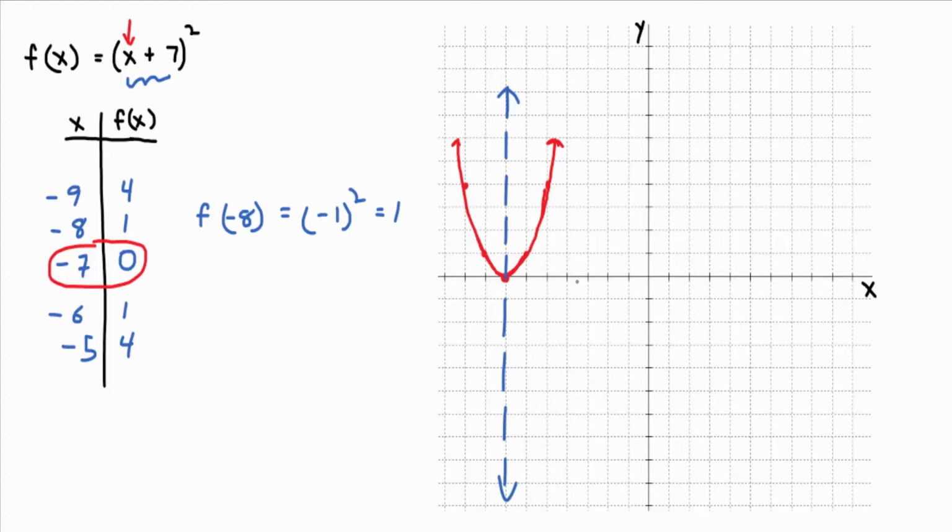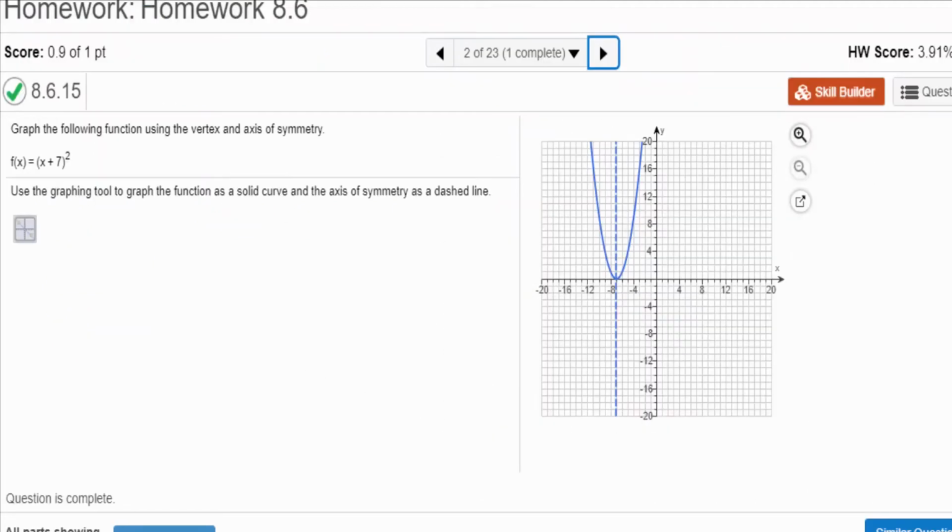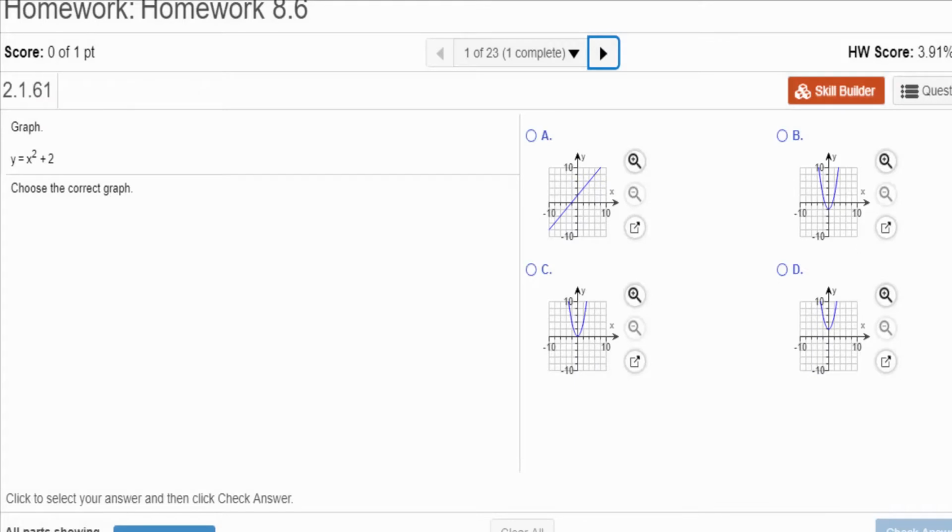Look for a pattern. In all of these homework problems, look for a pattern. See if you can tell just by looking at this equation what the vertex is going to be. Remember, the vertex is the low point or the high point. In all the first 3 homework problems, they're all low points. So this is the vertex right here. Going back into MyMathLab, see if you can tell just by looking at y equals x squared plus 2 what the vertex is going to be after you get the graph.